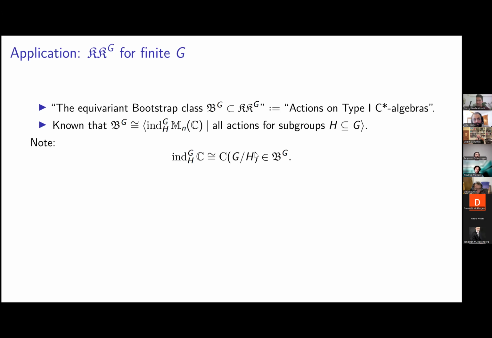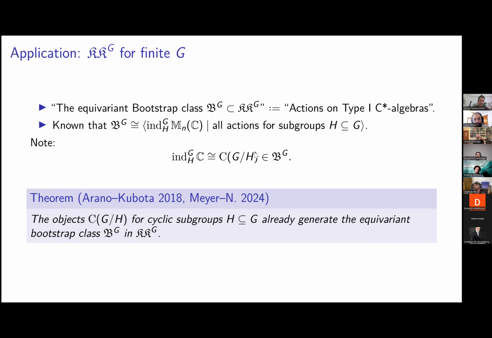So these are here. And here comes our first theorem from the article, which is actually due to the remarkable result by Arano and Kubota from 2018, we just gave it yet another push to put it in this context. It is that you do not need all these induced C-star algebras here and all the subgroups. It turns out that objects of this form for cyclic subgroups H of G already generate the equivariant bootstrap class BG in KKG.